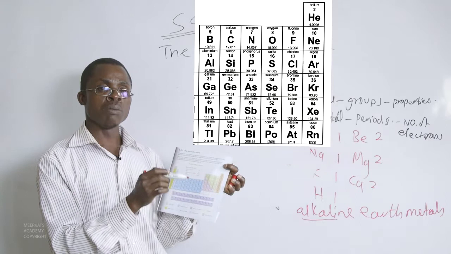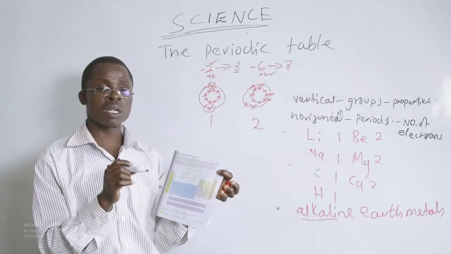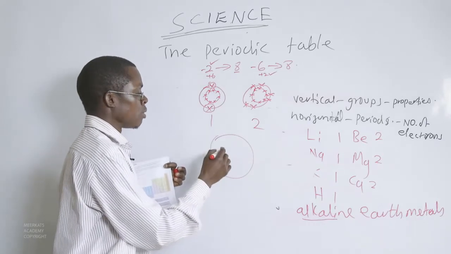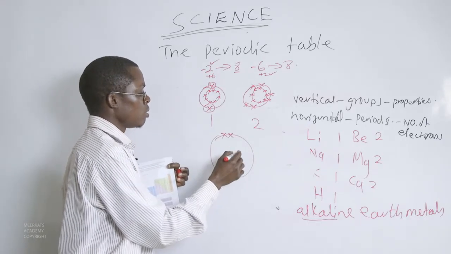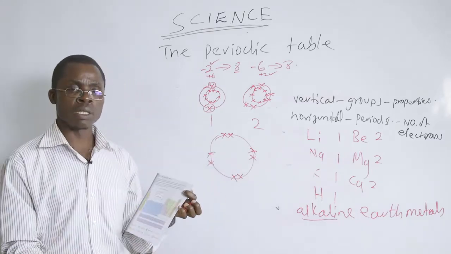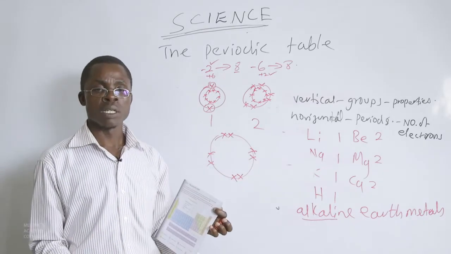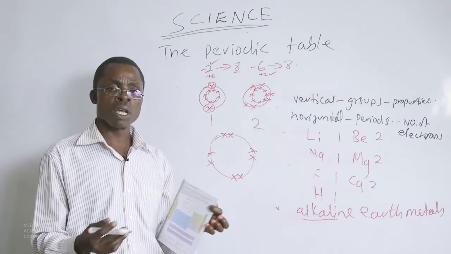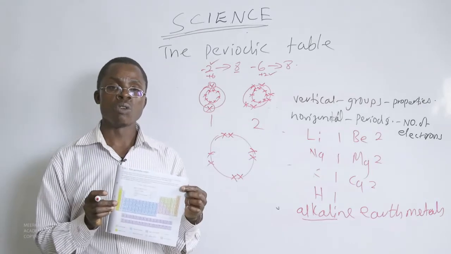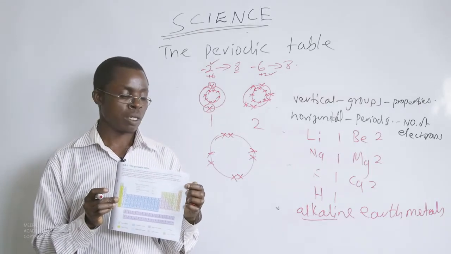They have similar characteristics, and the similar characteristic is that the outermost energy level is full. It has 8. 1, 2, 3, 4, 5, 6, 7, 8. So it has 8. And it requires 8. Does it have to lose or gain? No.